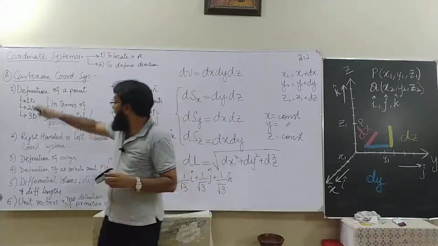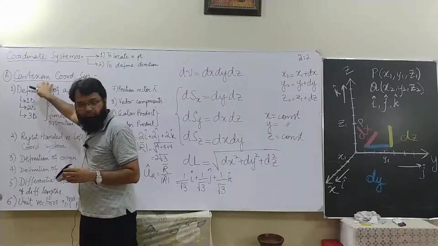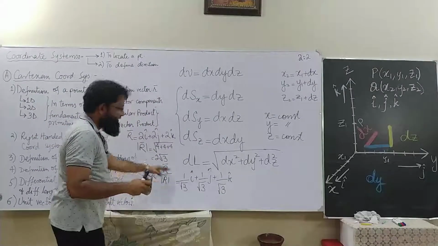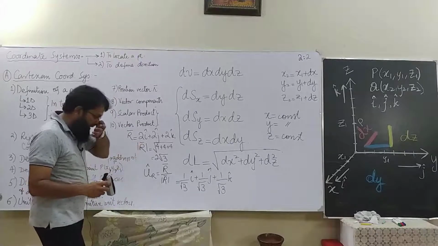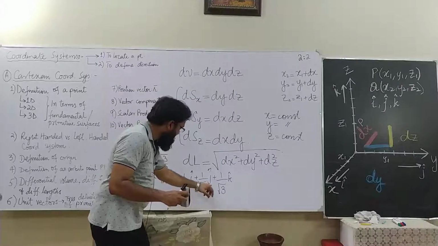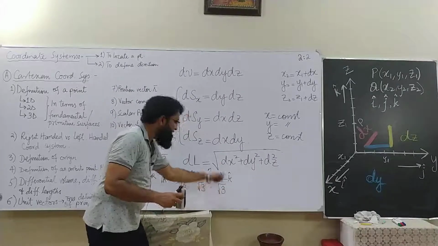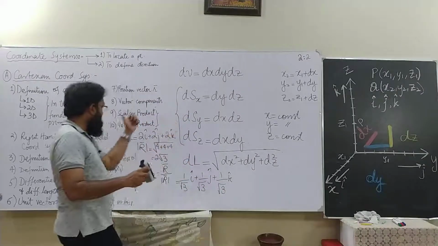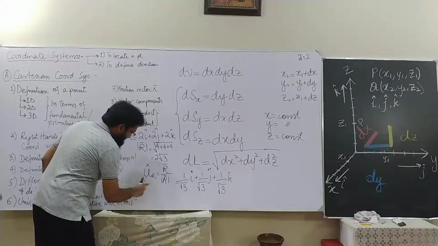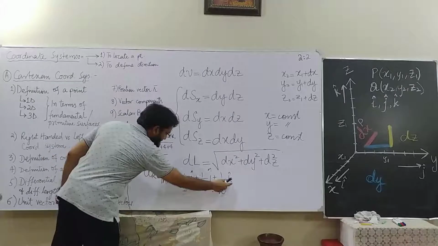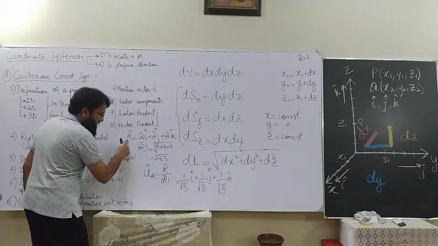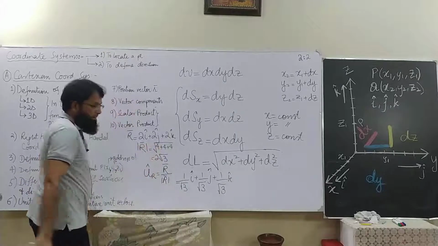Because we are defining a coordinate system, we are not interested in this definition. This definition is true for every coordinate system, but what we are interested in is defining the primitive unit vectors in which every other vector or every other unit vector can be defined. Here we see that this unit vector is defined in terms of these primitive unit vectors, and also this vector r, which is not a unit vector, is defined in terms of those primitive unit vectors.